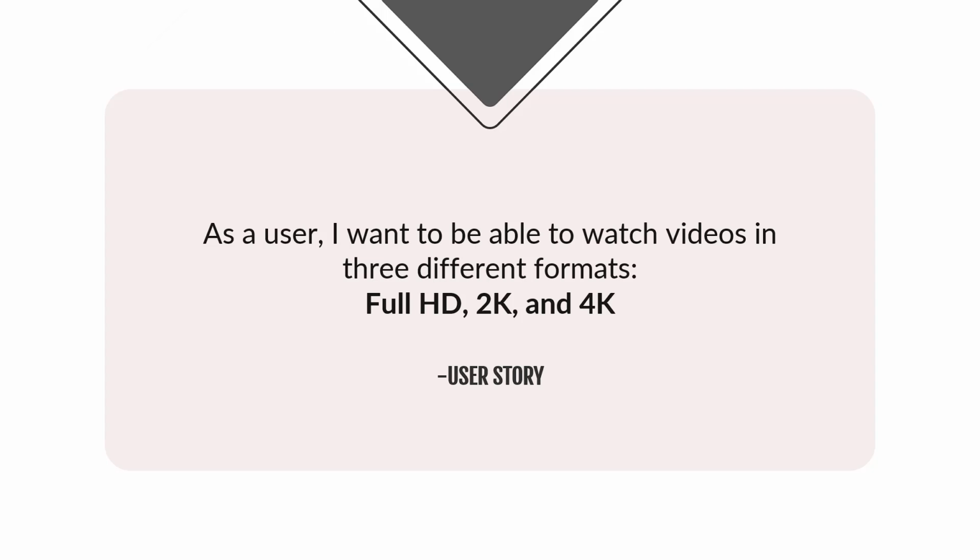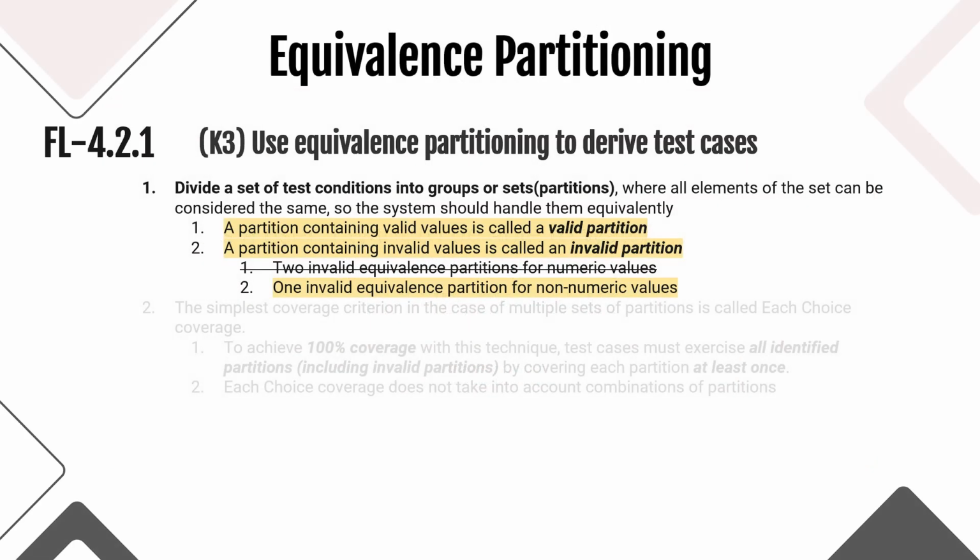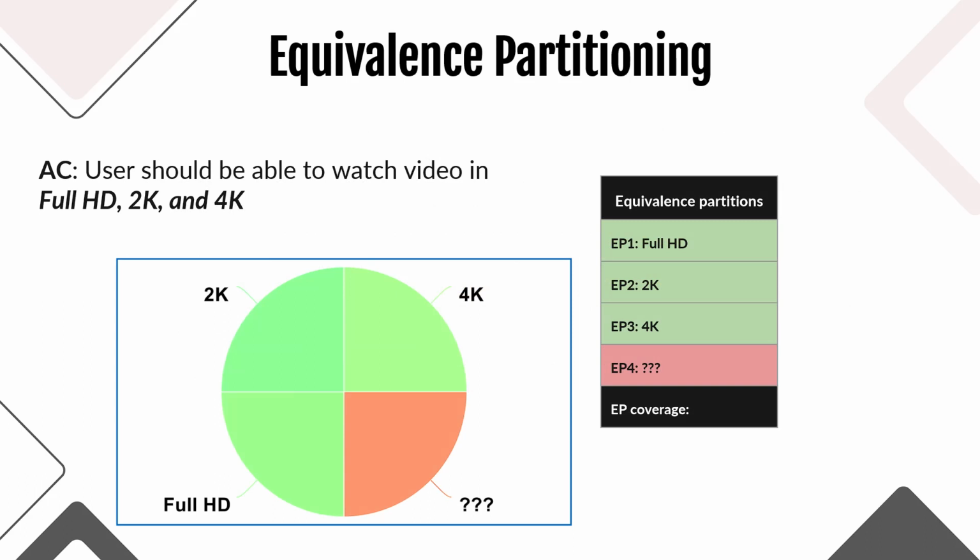This time, since we have already understood the basis, we will highlight valid and invalid partitions at once. There is not much information in the user story. All that we know is that the user should be able to watch videos in Full HD, 2K, and 4K. These are 3 valid equivalence partitions, which are marked in green on the pie chart.